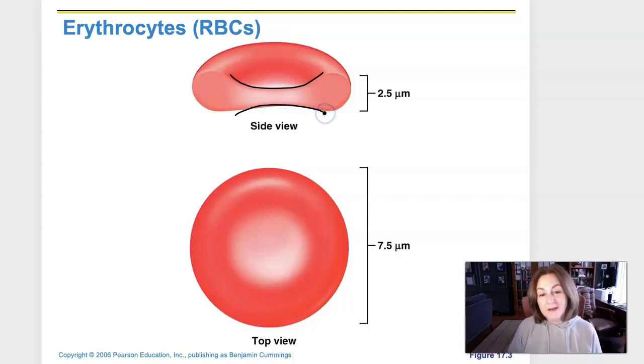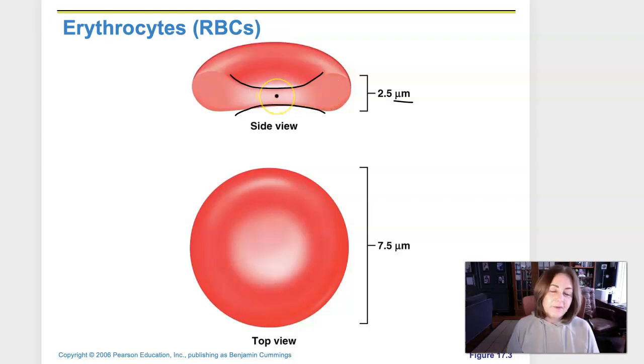So that's the two, concave. They're very small cells. This is being measured in microns, so they're tiny cells. And they don't have the typical organelles, like we were saying, no nucleus, no mitochondria. It's really just packed full of hemoglobin. And so hemoglobin is going to fill the cell.